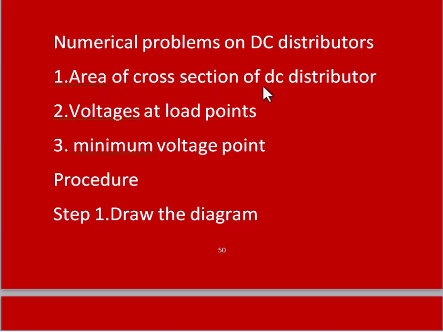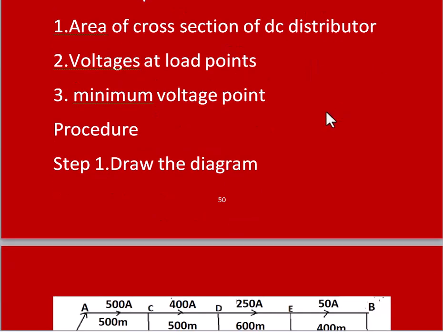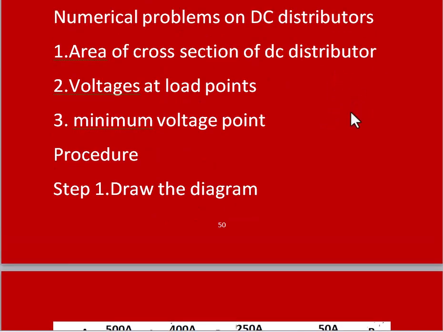One is the area of cross section of the DC distributor, or it may ask the voltages at various load points, or it may ask the minimum voltage point on the distributor. These are the 3 questions that will come. So when the questions are like this, what is the procedure to be followed to solve any DC distributor problem?